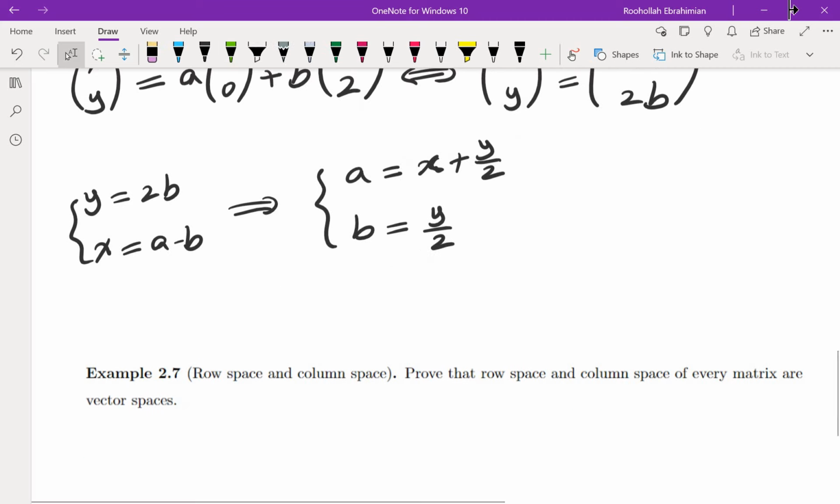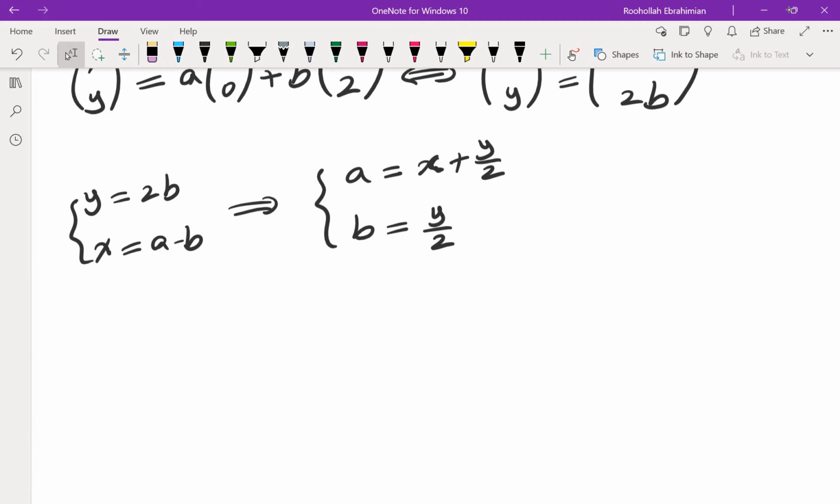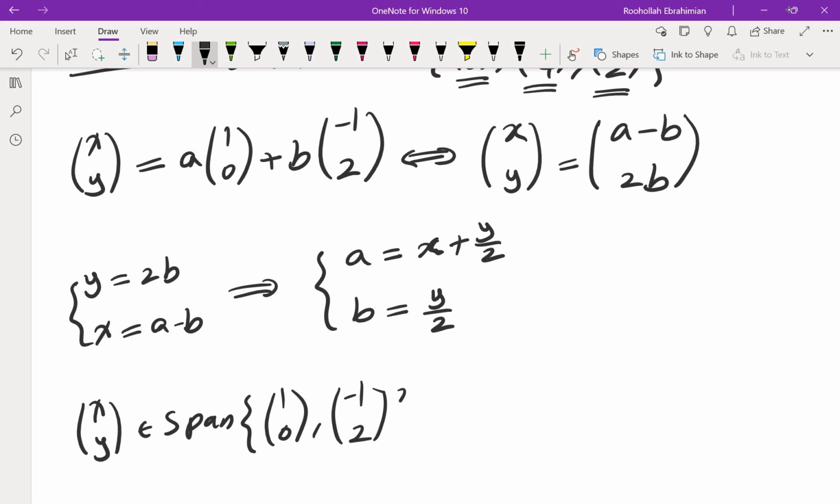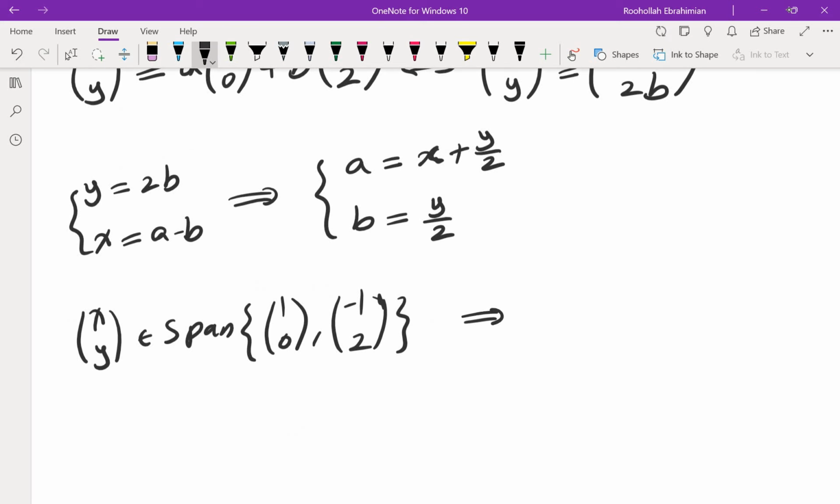So it means every vector (x, y) is in the span of those three vectors, (1, 0), (-1, 2), and the last one, but the last one is not even needed. So this means the column space of A is in fact the entire R2.